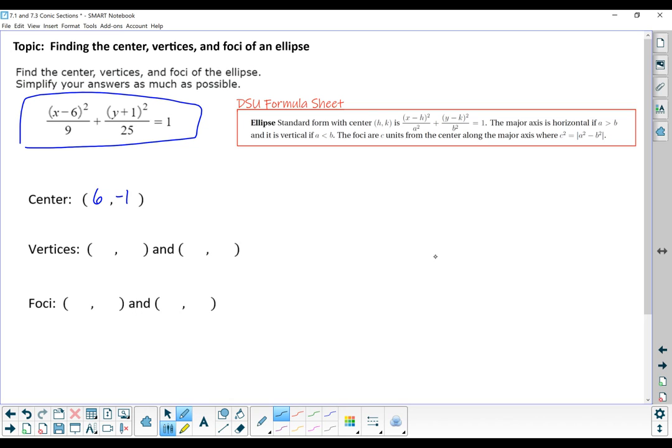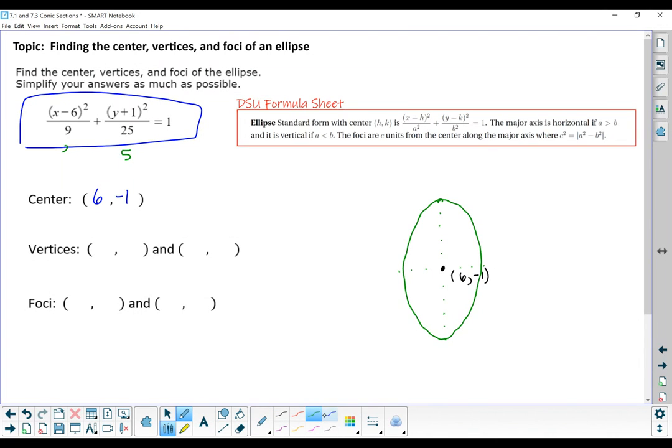I just start with that point that is the center, (6, -1). And in our x direction, we're going to be counting out 3. And in our y direction, we're going to be counting out 5. Okay, so here is our rough sketch of our ellipse.